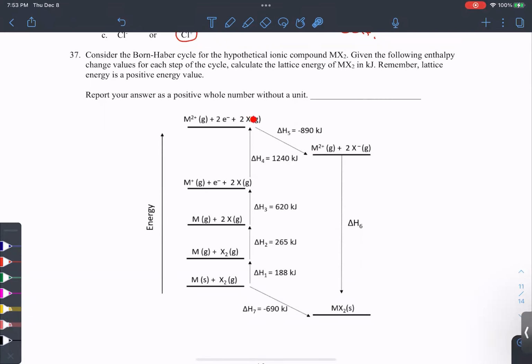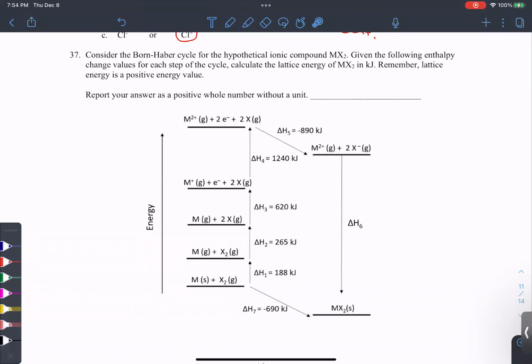So we actually are taking into account 2 electron affinities of X. But the idea here is if I gave you thermodynamic data, then yes, you would have to take into account the stoichiometry, multiply the electron affinity of X times 2. But I didn't give you thermodynamic data. I literally gave you how much each step costs energy wise. So use these energies as written. You don't have to double anything. You don't have to do any of that.